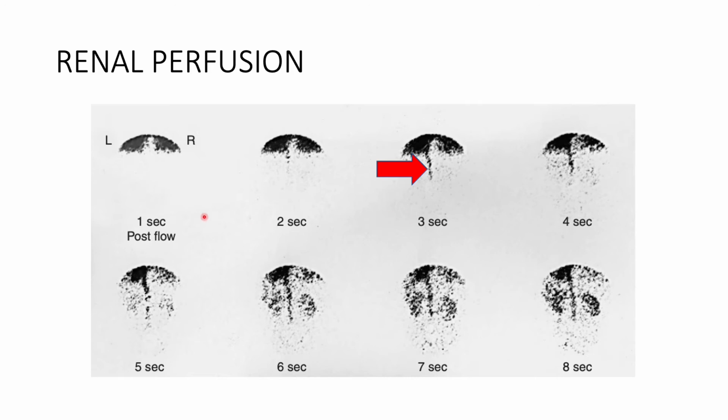So you can see here, after injection, you will see the abdominal aorta. Now, after 2 to 3 seconds, you will see the kidneys. Okay? Here.